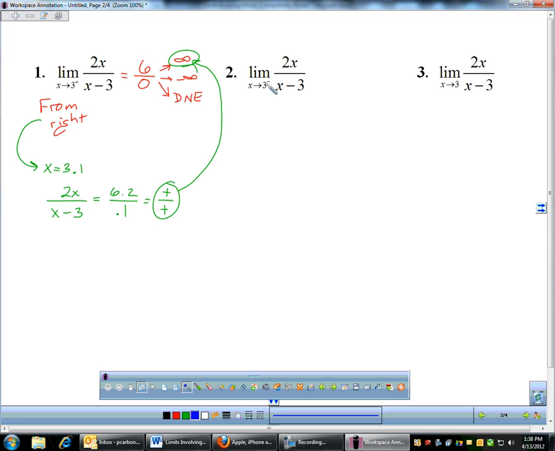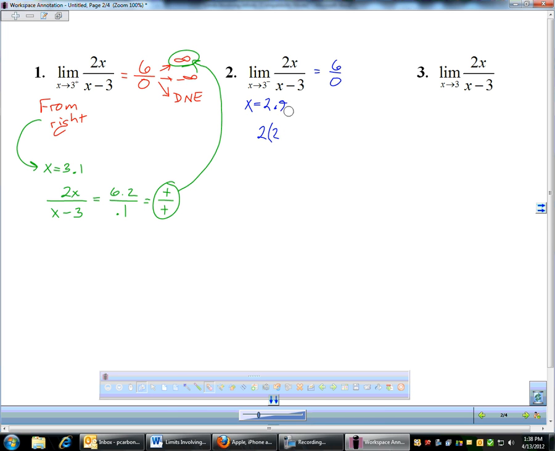Number 2, we're approaching from the left side. Again, if I plug in 3, we get 6 over 0. So what I'm going to do is plug in a number just on the left side of 3, like 2.9. If I plug in 2.9, I'll have 2 times 2.9, that's a 5 point something, divided by 2.9 minus 3.